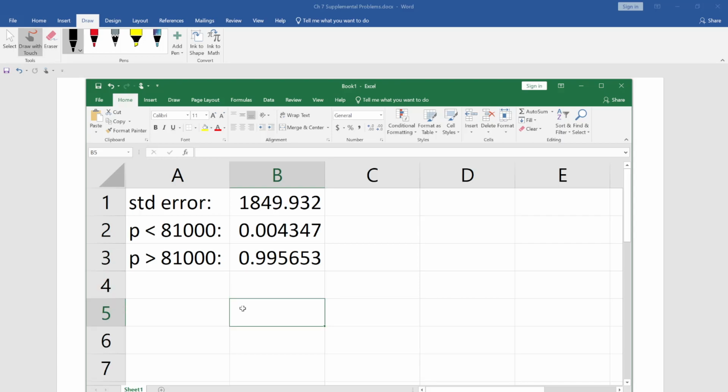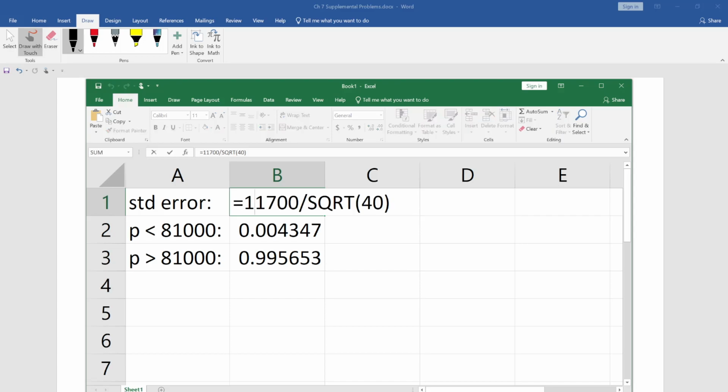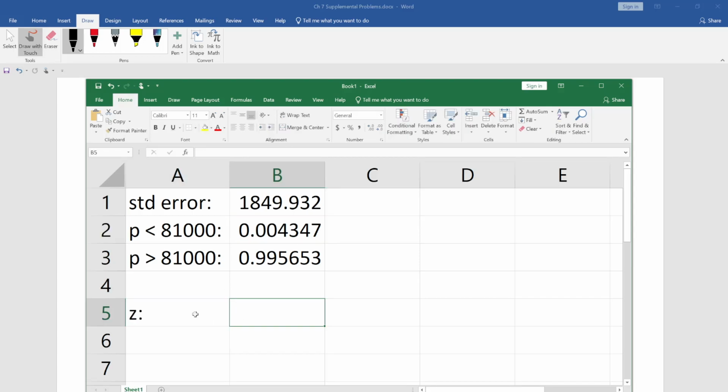If you were to do this by hand, you would still have to calculate this standard error using this math here. Then you would get the Z-score. So to get our Z, we would do equals, open parentheses.